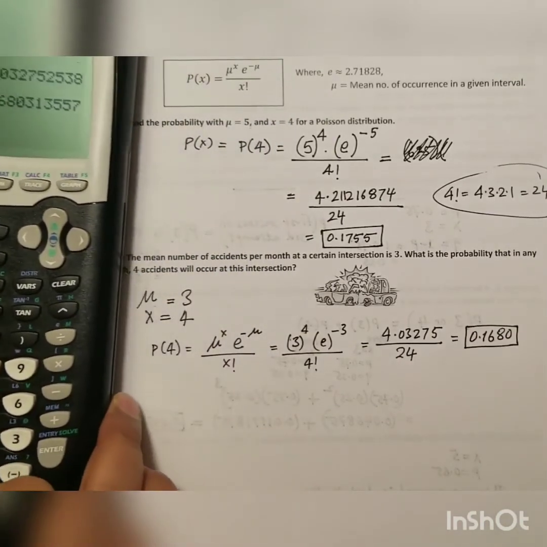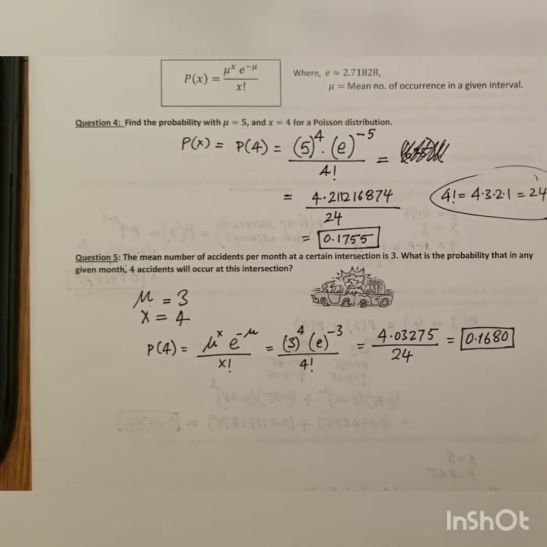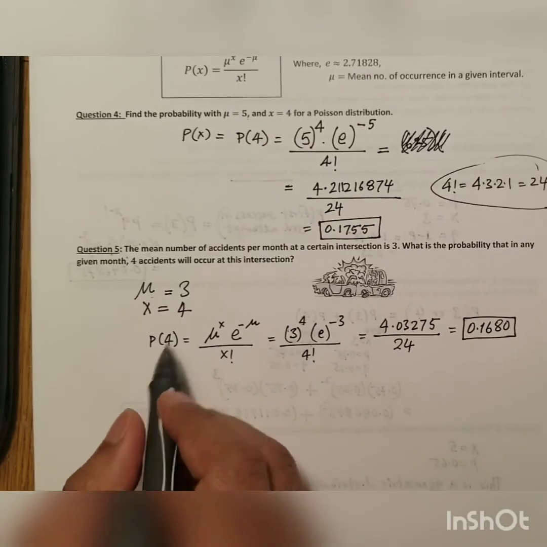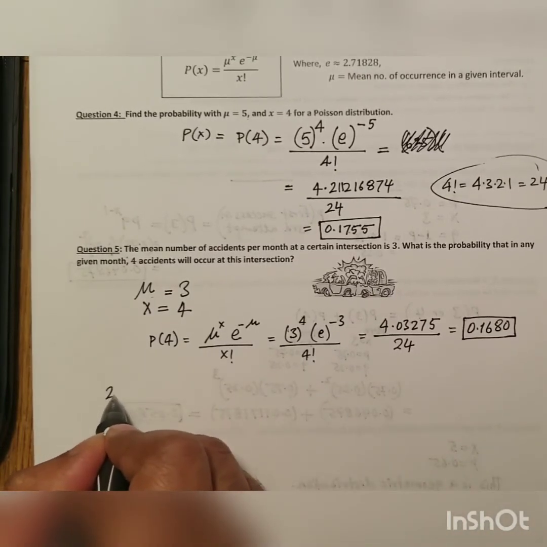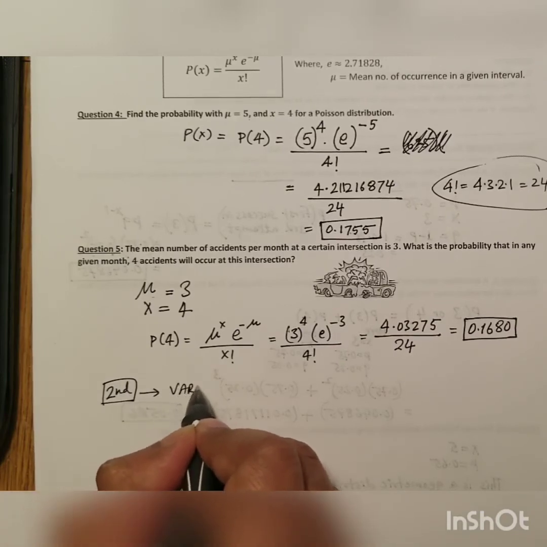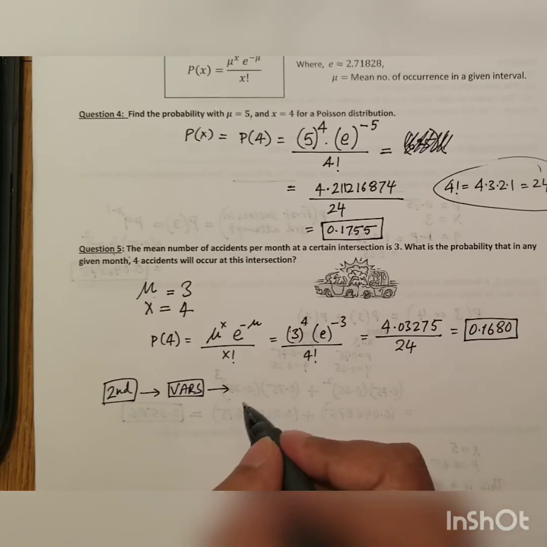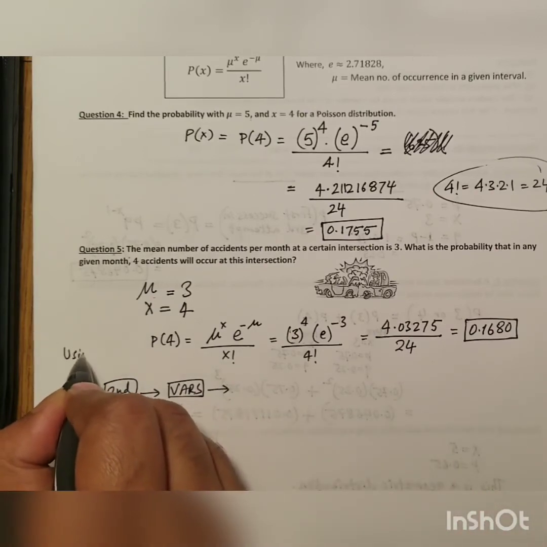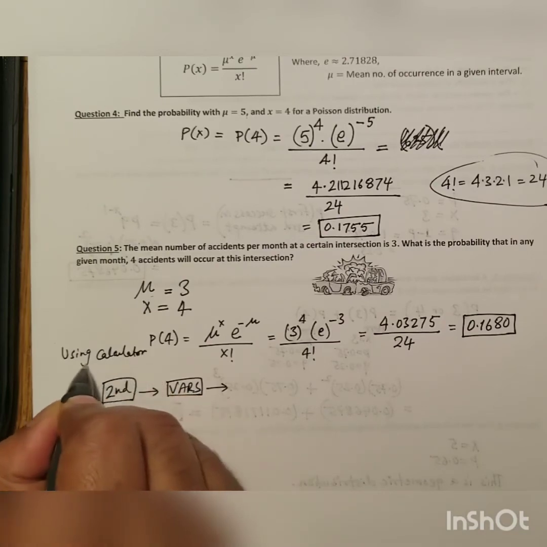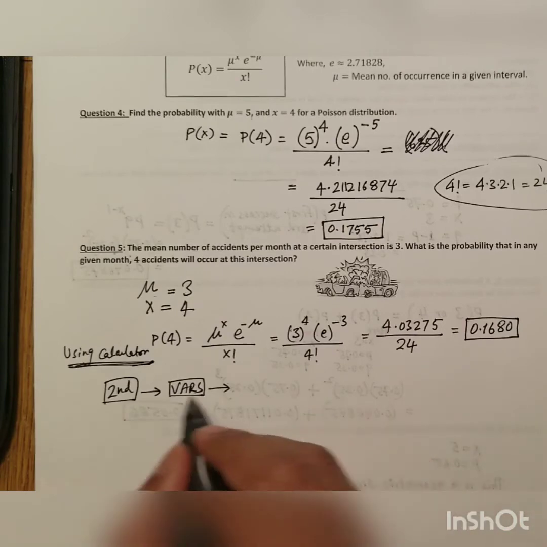Okay, we can use a calculator to find the Poisson distribution. We'll do the same process. We start with second and variance, which gives us the list of distributions, and this is using the TI-84 plus calculator.